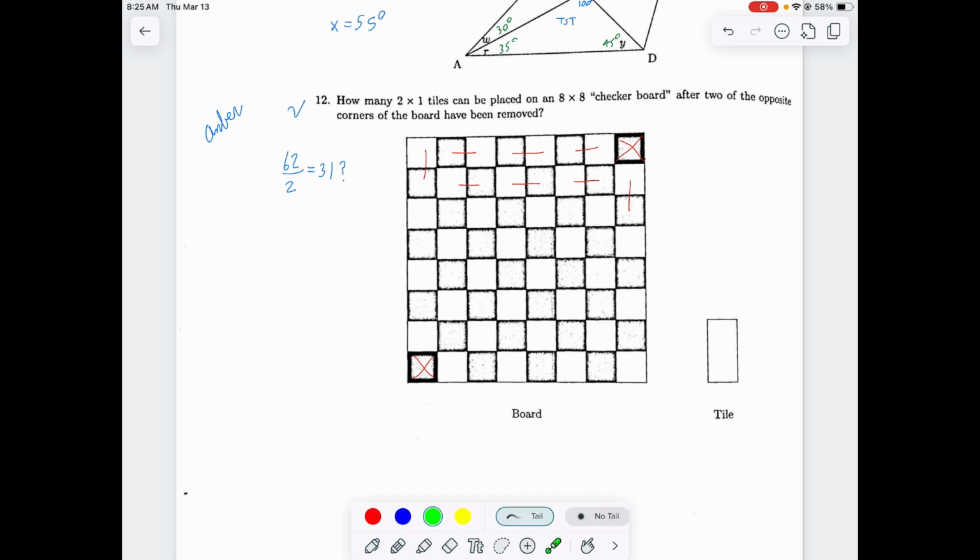So far, we've got 1, 2, 3, 4, 5, 6, 7, 8. So we're going to keep going. 9, 10, 11, 12, 13, 14, 15, 16, 17, 18, 19, 20, 1, 2, 3, 4, 5, 6, 7. Oh, it's right there. Huh.